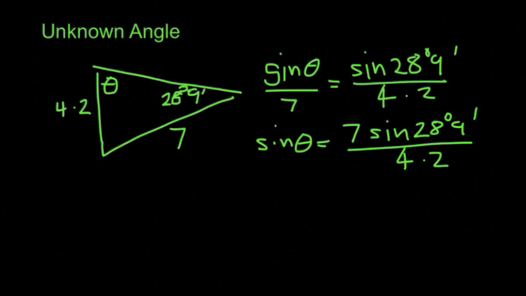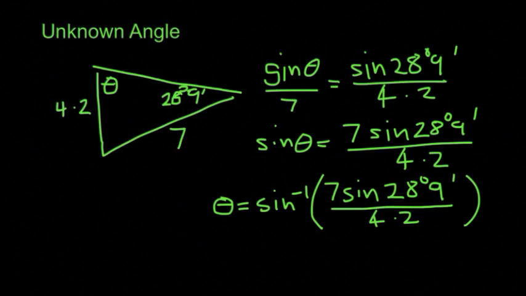So finally we'll have the inverse sine of 7 sine 28 degrees 9 minutes over 4.2. And when you enter that into your calculator just as it looks, we'll end up finding the angle of theta, which is 51 degrees and 50 minutes.